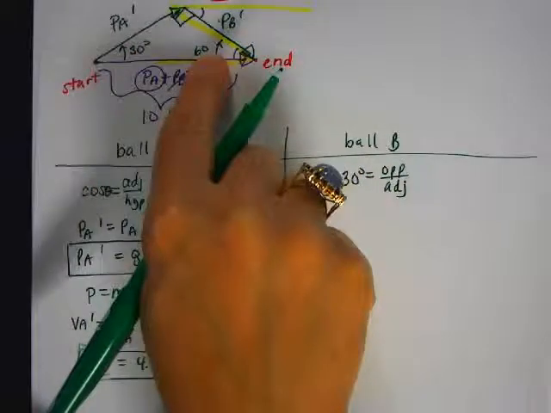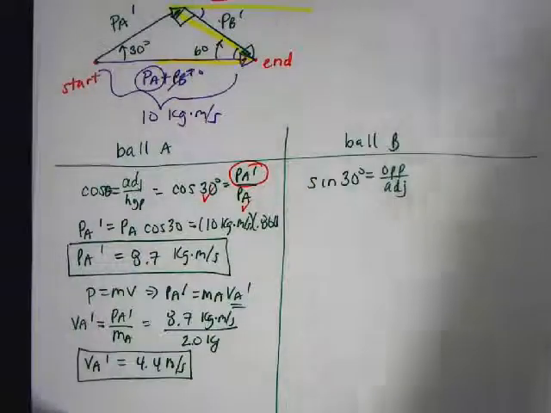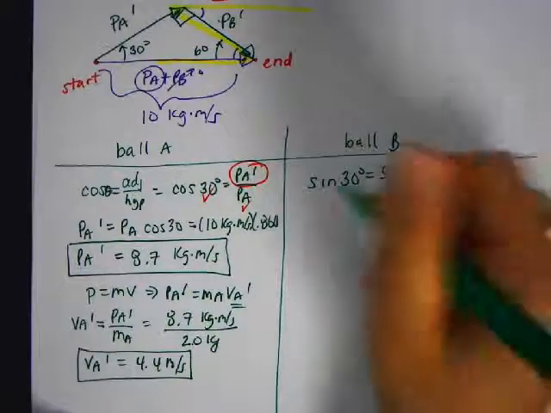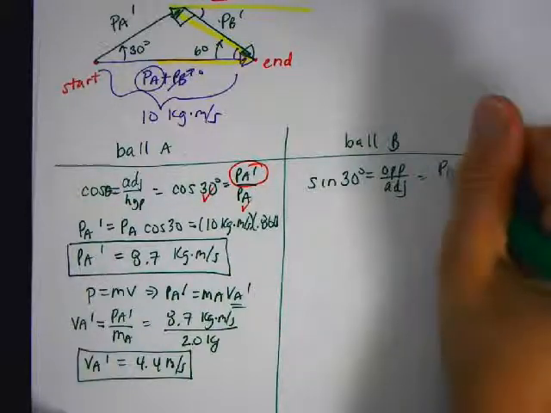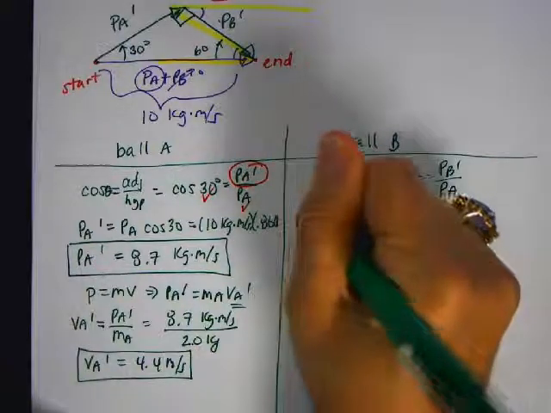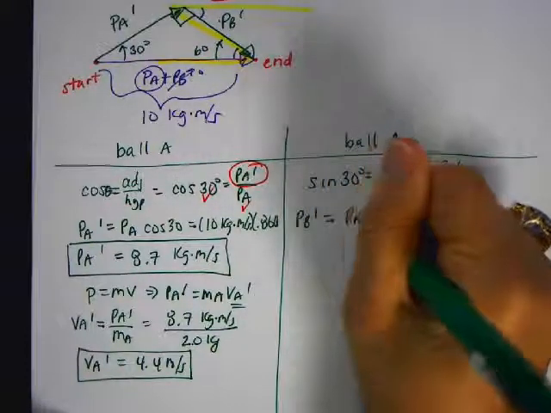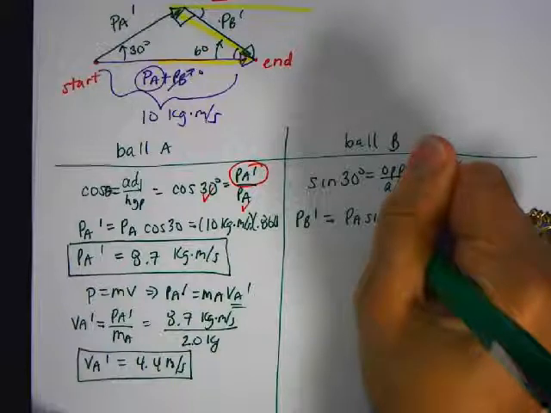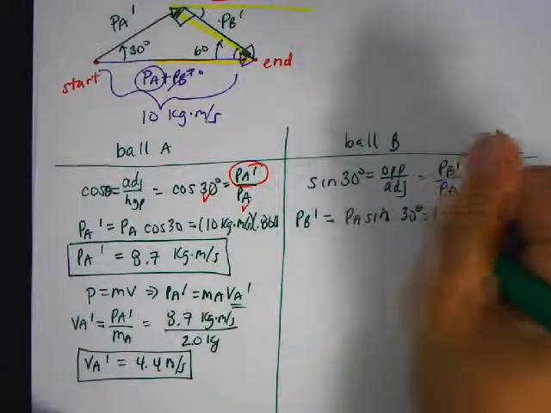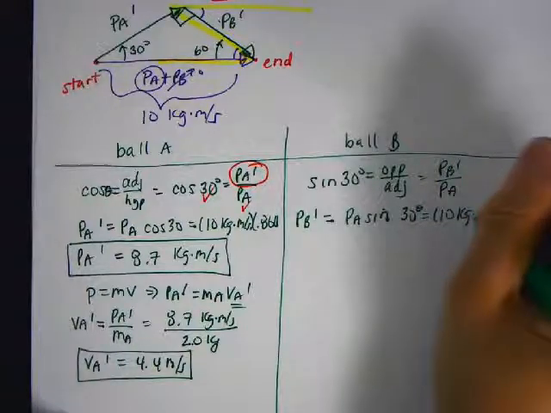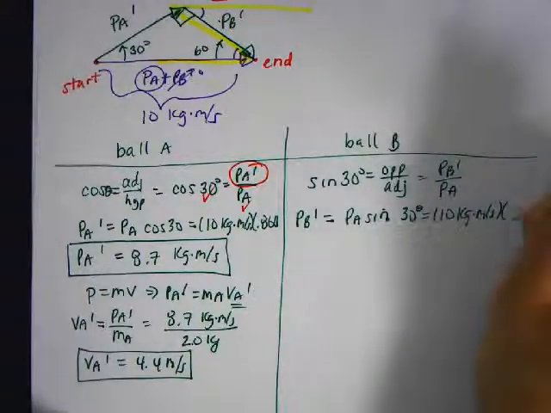So you use whichever one you're most comfortable with. So sine of 30 is opposite over hypotenuse, so it's PB prime over PA. So PB prime is equal to PA sine of 30 degrees, which is 10 kilogram meters per second times 0.5. So PB prime is equal to 5.